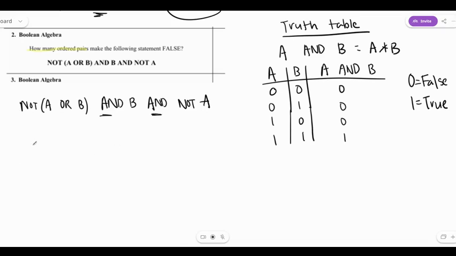So that means in order for this statement to be false, one or more of these components must be false. So here we can create a truth table, and that's method 1. And I will shortly explain a different method.